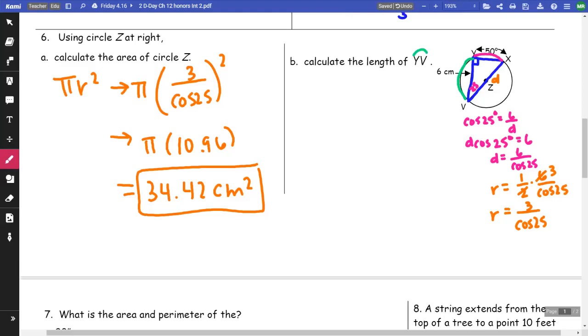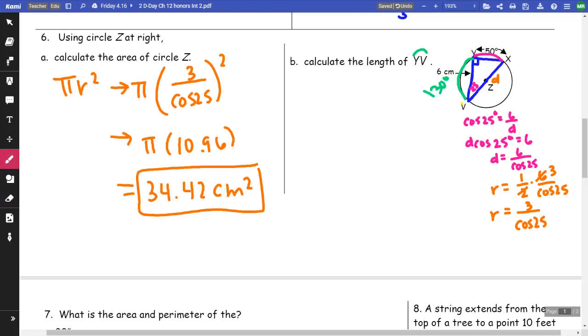Now I know that together my pink and this green all the way to here form 180 degrees. And so since that's 180 degrees, I know that the arc measure of that green section is going to be 130 degrees, but that's arc measure, not arc length.